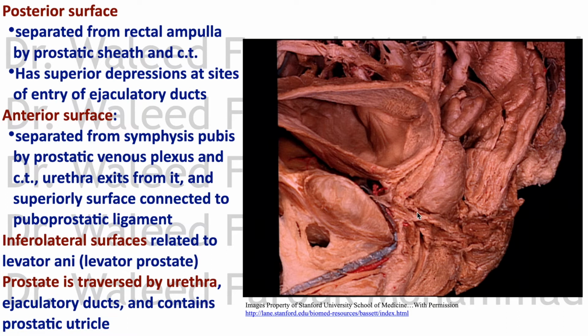So don't forget the puboprostatic ligament and the prostatic venous plexus, and that from the anterior surface the urethra emerges. See, this is the urethra passing through the deep perineal pouch, then this is the penile urethra starting. See that?